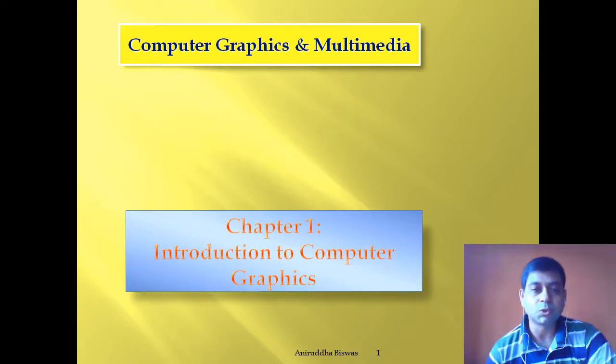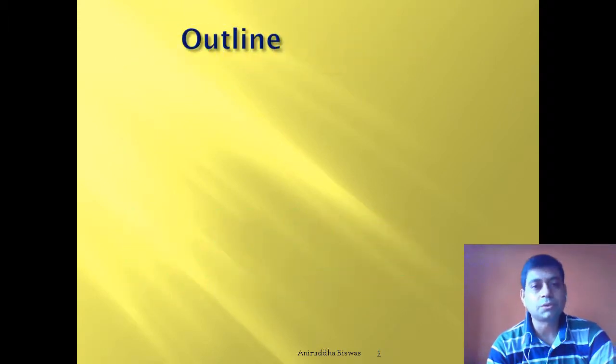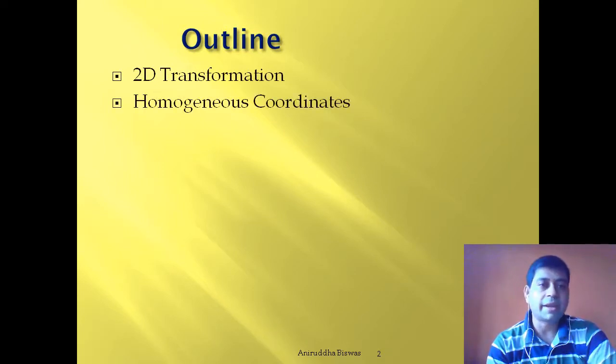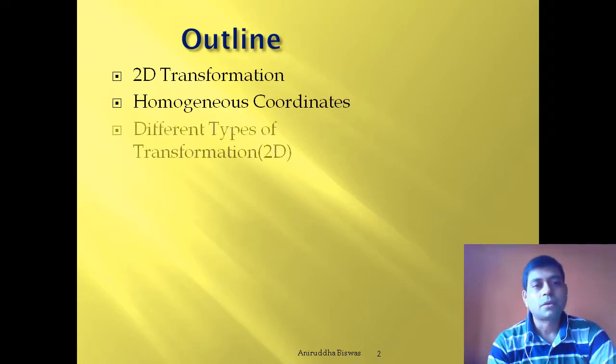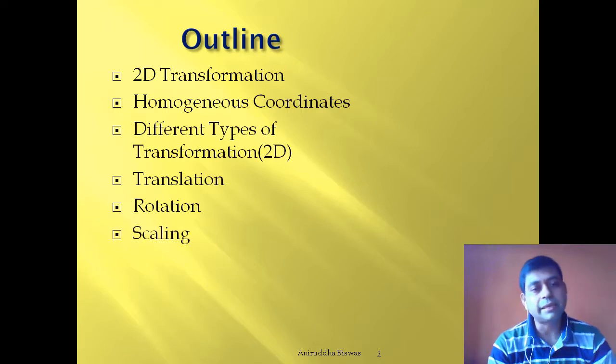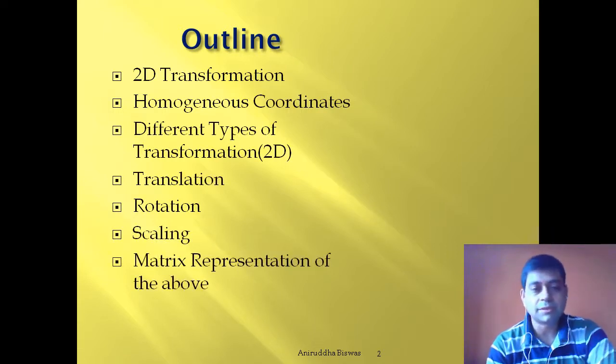This is part 2. Here, we will discuss 2D transformation. Most importantly, we will understand what homogeneous coordinates are, and what the different types of 2D transformation are, like translation, rotation, scaling, as well as two more things, reflection and shearing.